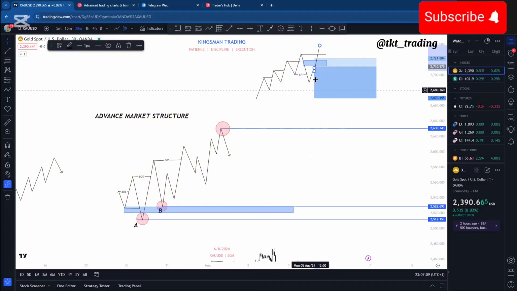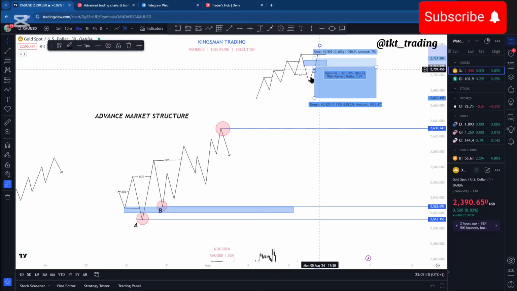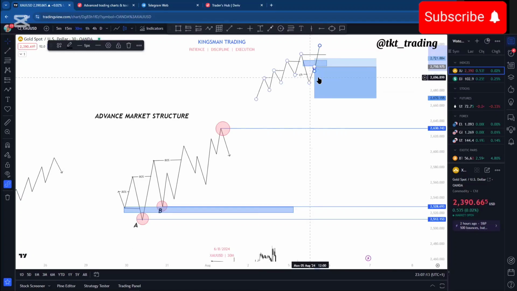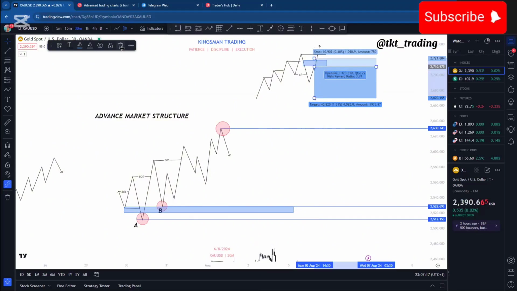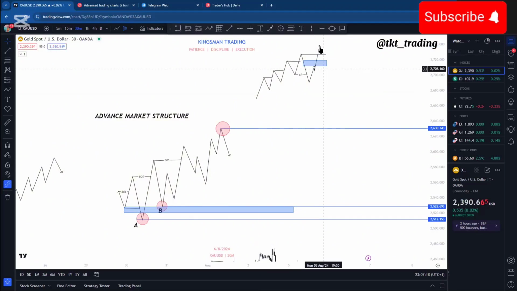You understand? So for you to actually know a valid change of character, what you want to see is market break to markets.